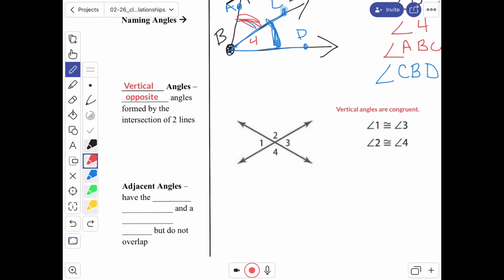So it says angle 1 is equal or congruent to angle 3. They're opposite each other. Think about the butterfly wings. And this little symbol right here means congruent. Okay, and also angle 2 is congruent to angle 4, so they are vertical angles.